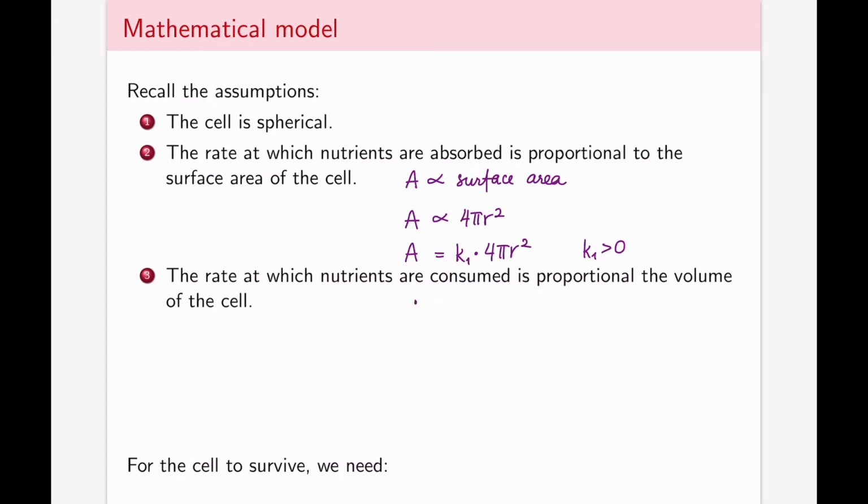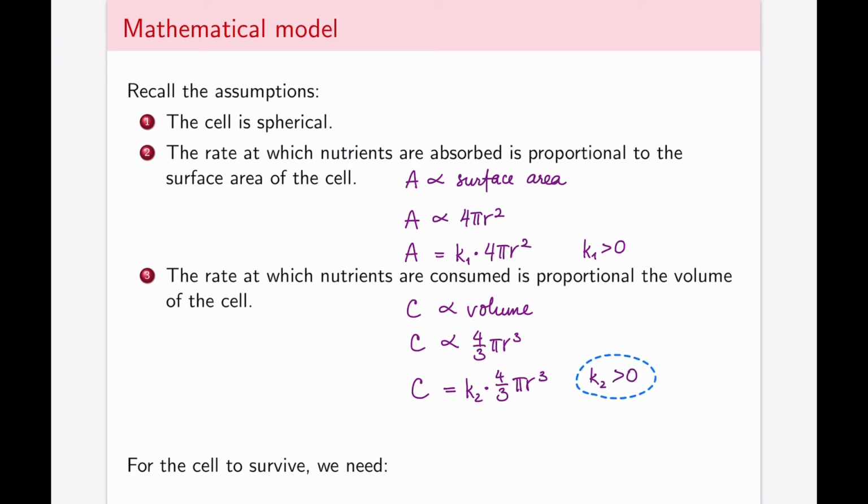So the consumption is proportional to 4/3 pi r cubed. Again, turning this into an equation means that the consumption is equal to some proportionality constant K2, which is positive, times the actual volume formula.